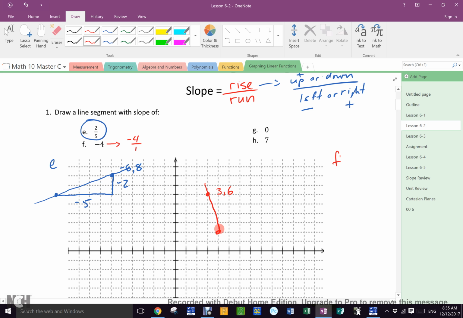And that point we are going to label as 4, 2. For me, whatever yours is, you're going to label yours and you're going to complete the construction. -4, +1. Everybody cool? Your graph will not have 3, 6, and 4, 2 on it like mine unless you just copied me.